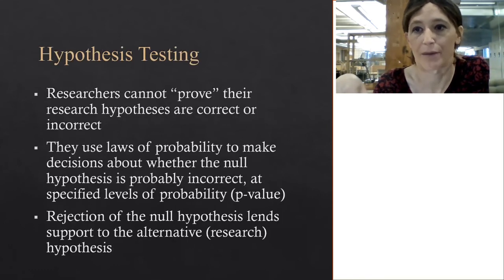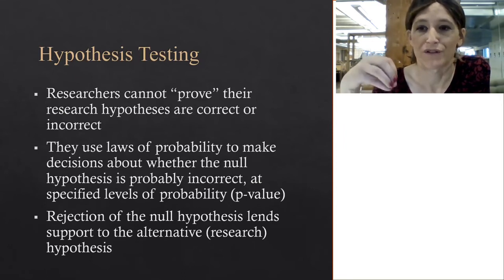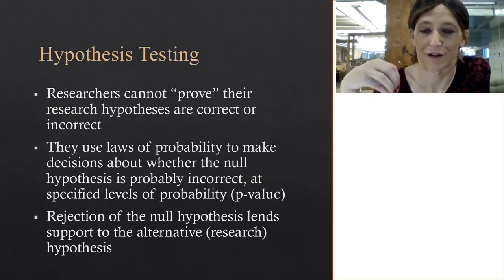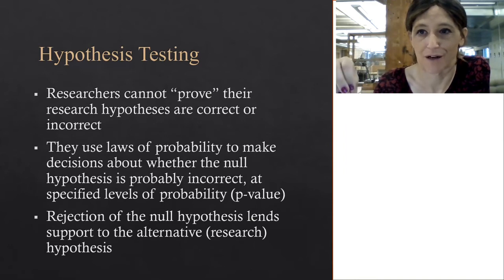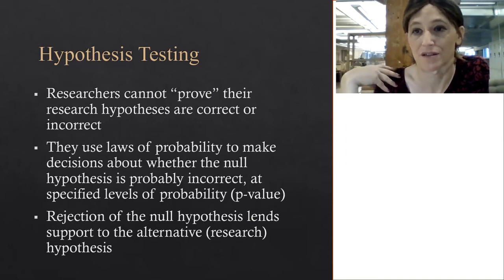So in general, in hypothesis testing, researchers cannot prove that the research hypothesis is correct or incorrect. Instead, what we do is we use the laws of probability to make decisions about whether the null hypothesis is probably incorrect at specified levels of probability, something we call a p-value.